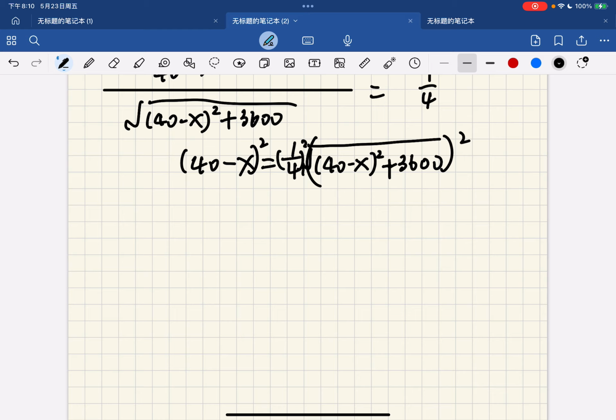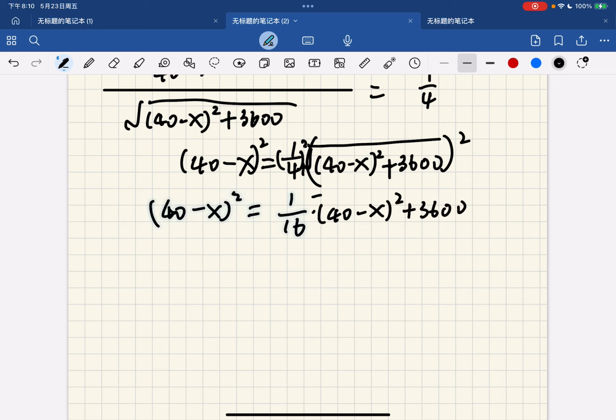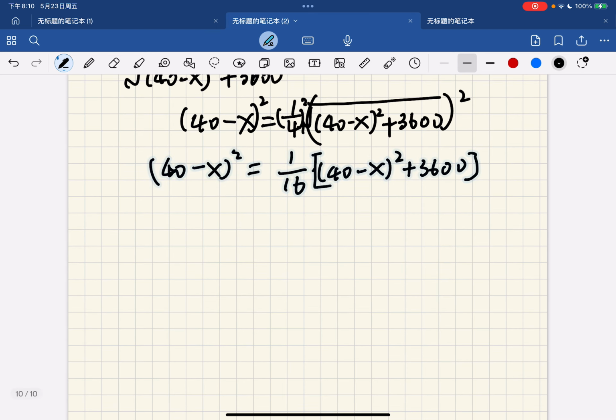This will equal to the following, and we can multiply both sides by 16, so the 1/16 will be cancelled.